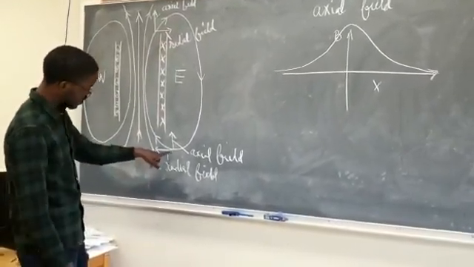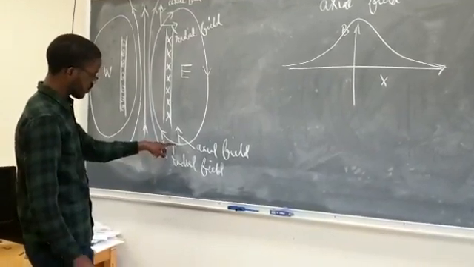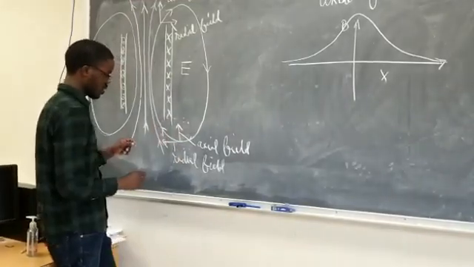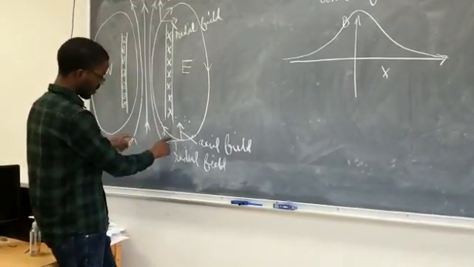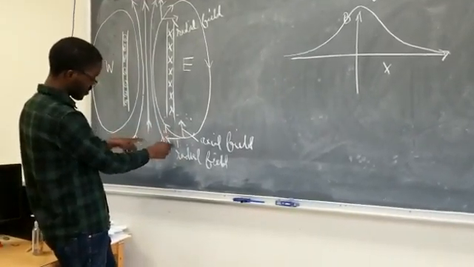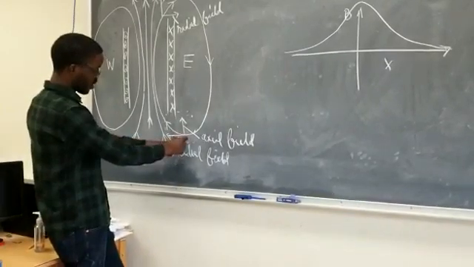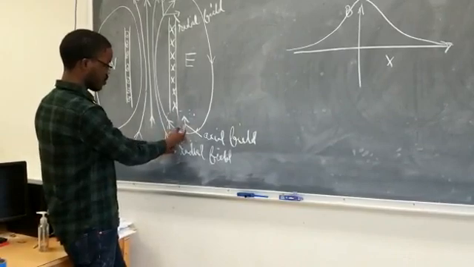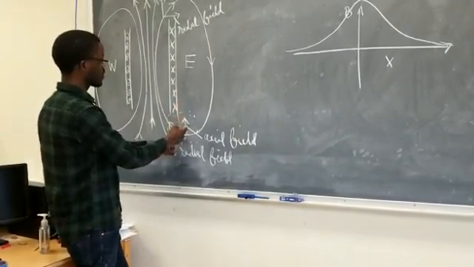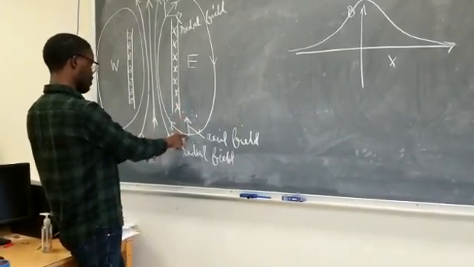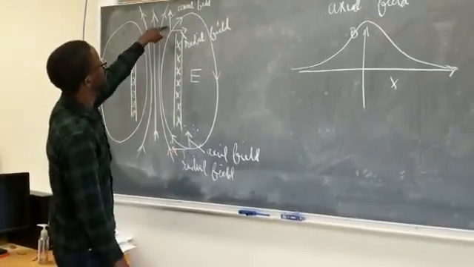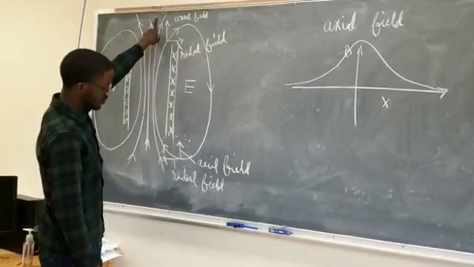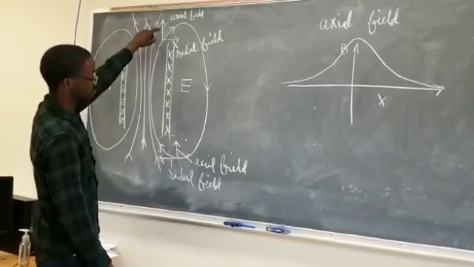If you look at the field line down here, if we just focus on this portion, we can see this guy's constituent components are a radial field pointing to my left, and then an axial field pointing up. Now if we follow the same field line and look at it up here, you'll notice that the axial field points up still, but now the radial field points to my right.